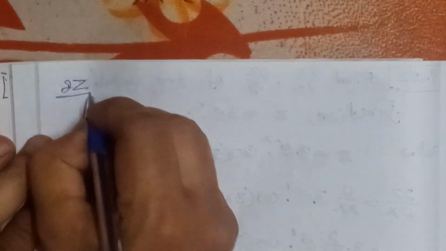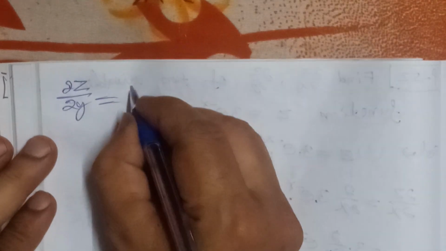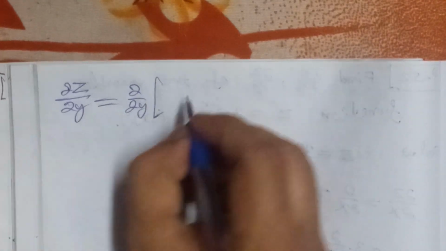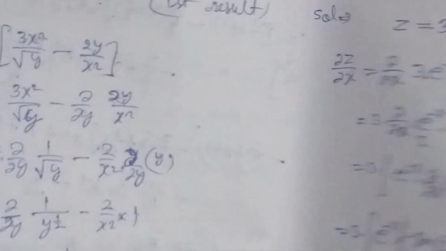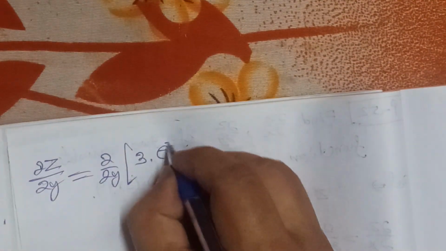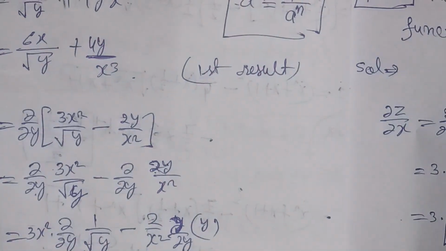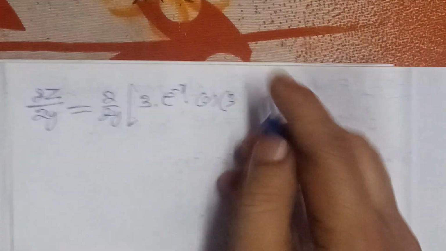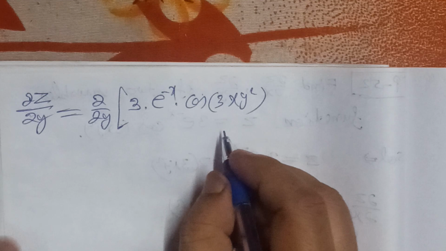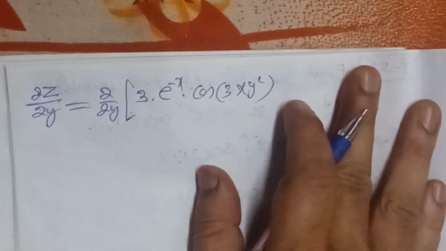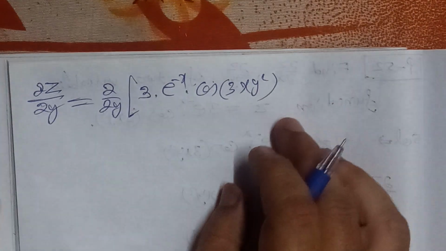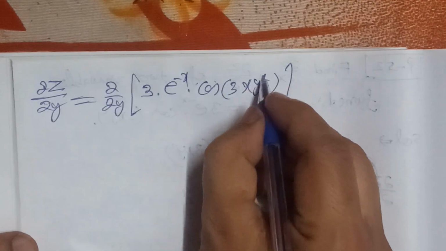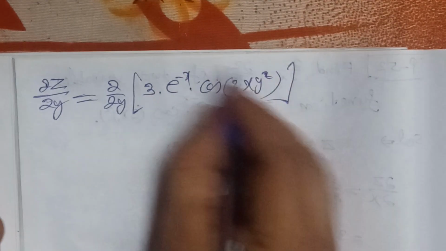For this we have to differentiate z partially with respect to y, where z is 3 times e^(-x) multiplied by cos(3xy²). Now we differentiate this value.